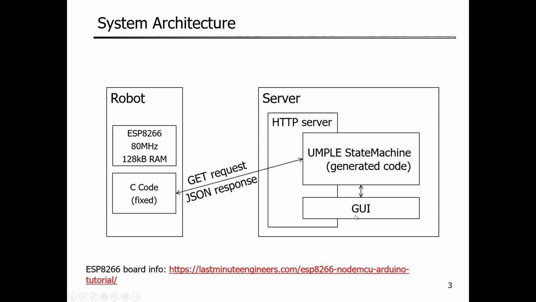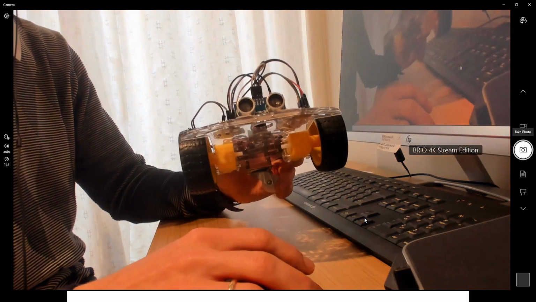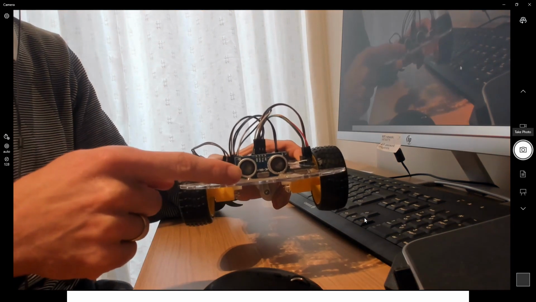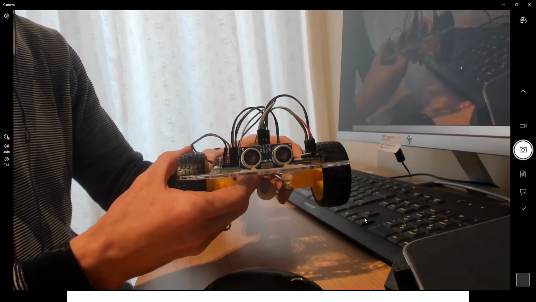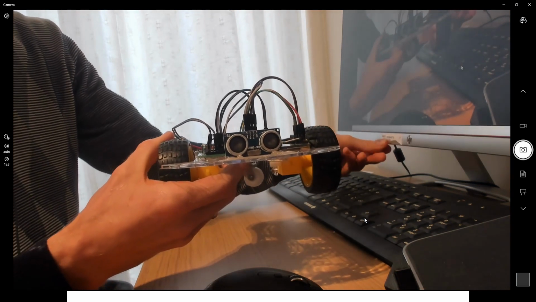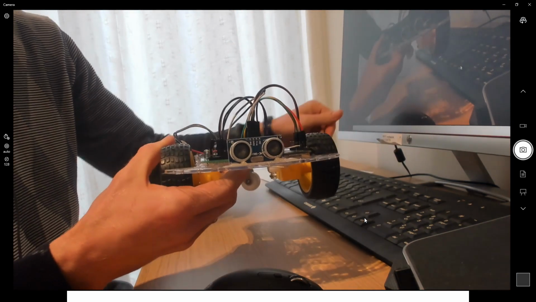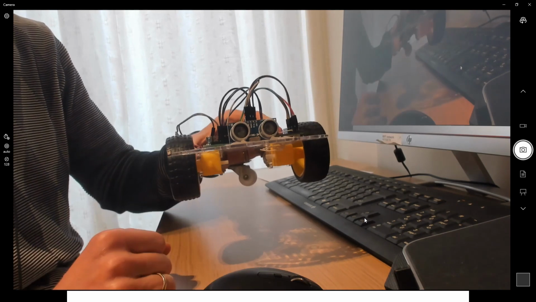And because we have some limited sensors on the actual robot, we will also use some graphical user interface to add some kind of virtual sensors. If you see the robot, it basically only has this distance sensor, and to make it a little bit more interesting, we will add some further visual sensors.